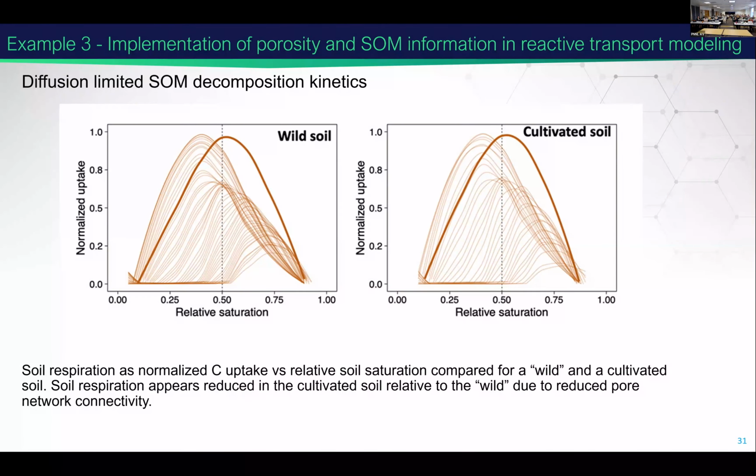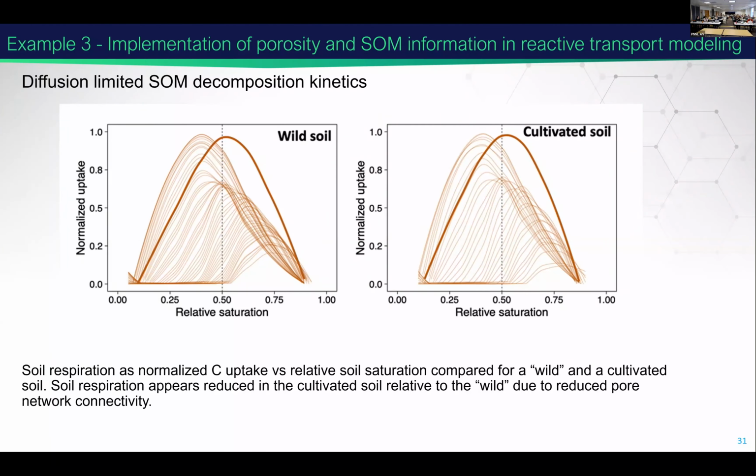Not well enough to describe for you, but I think this curve shows a shift in the normalized carbon uptake versus the saturation, and also it seems less busy, and that's due to the reduced pore network connectivity. That's what I understand. And if somebody is more knowledgeable, please chime in.